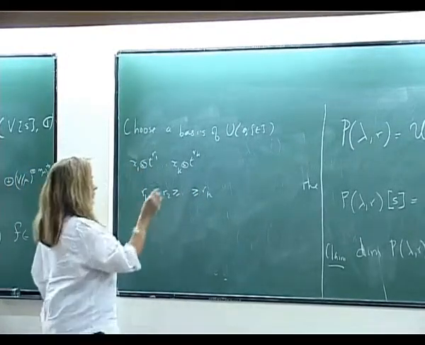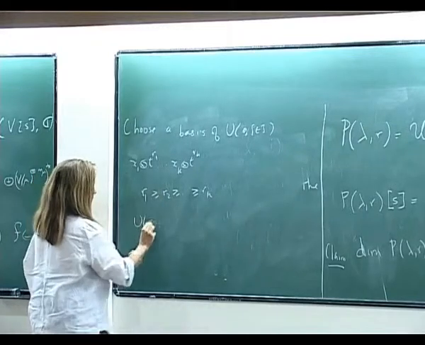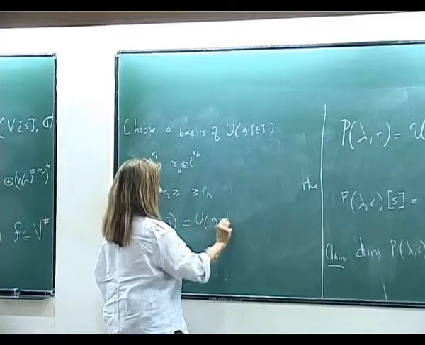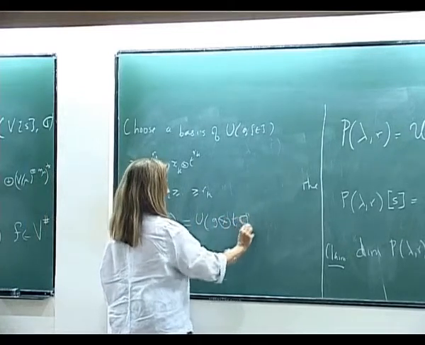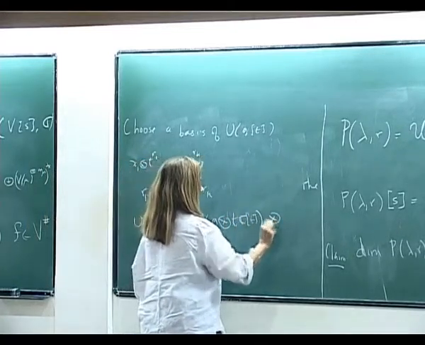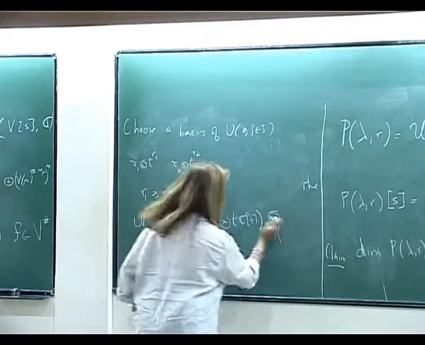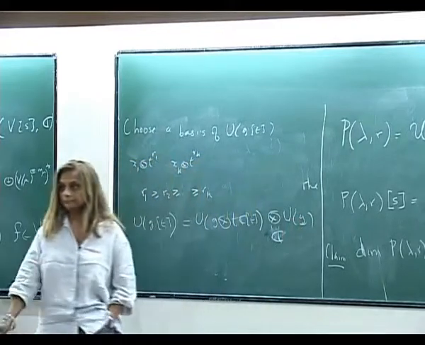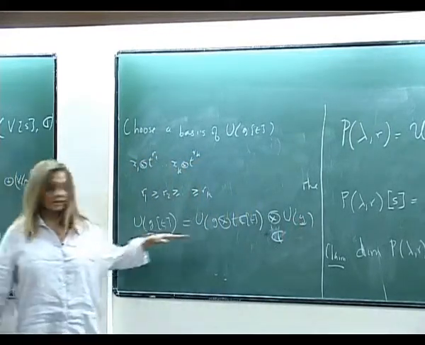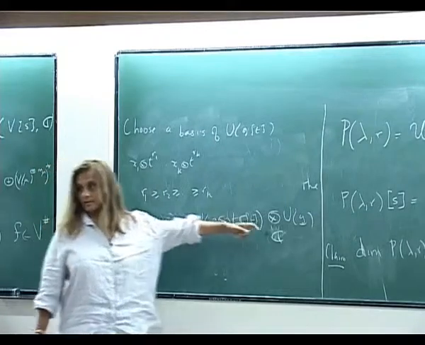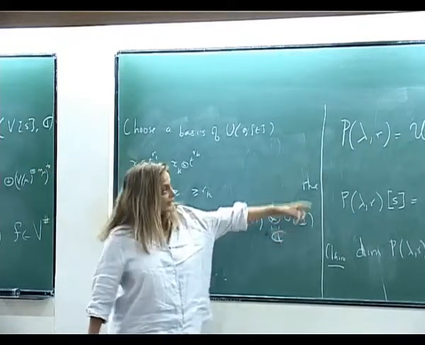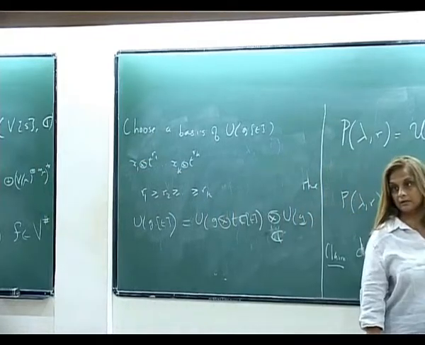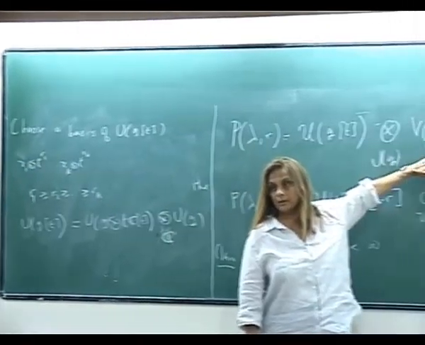So that means any element in U of GT can be written, by Poincare-Birkhoff-Witt, as U of T C[T] tensor over C UG. I pick everything where T occurs with degree at least 1, and then I have all the things with degree 0. And when I look at this further tensor product, because I'm tensoring over UG, that slides over and acts on V lambda r. Yeah?